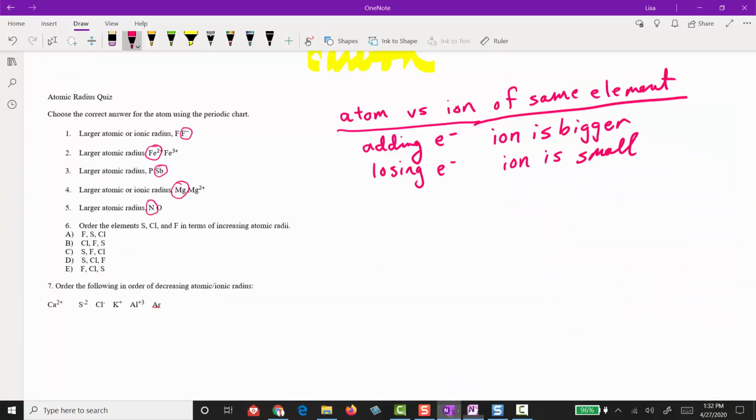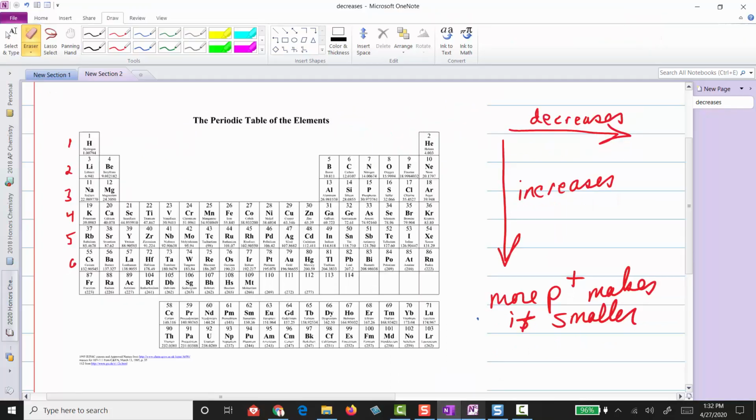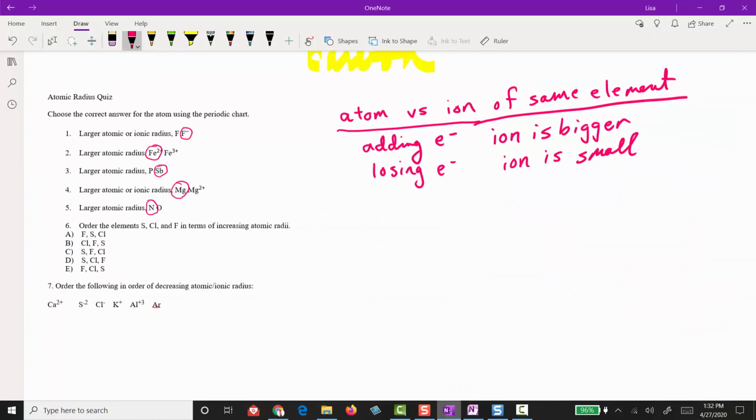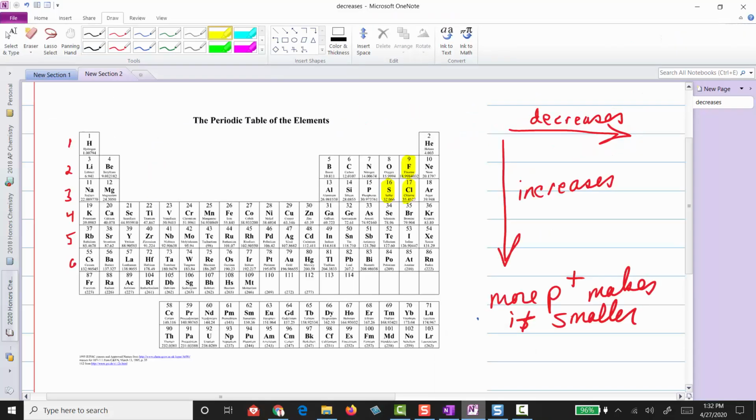Okay, so sulfur, chlorine, fluorine. And it wants them increasing, so it wants small to large. So which one's going to be the smallest? Well, it's going to be fluorine, because fluorine only has electrons out to the second energy level.